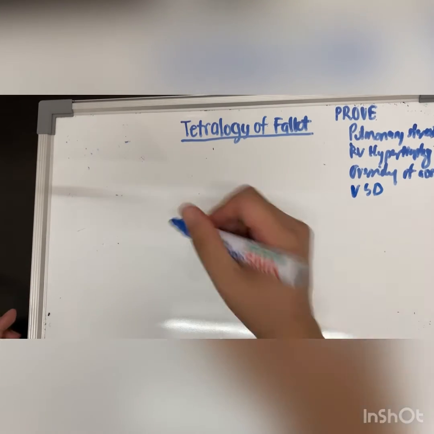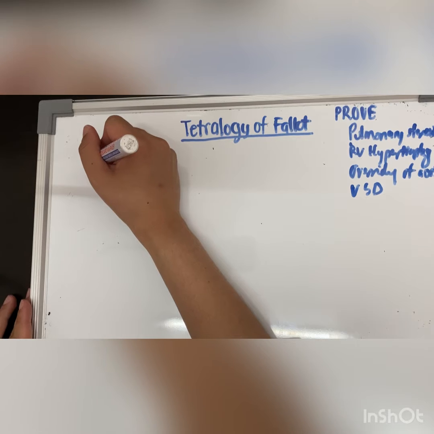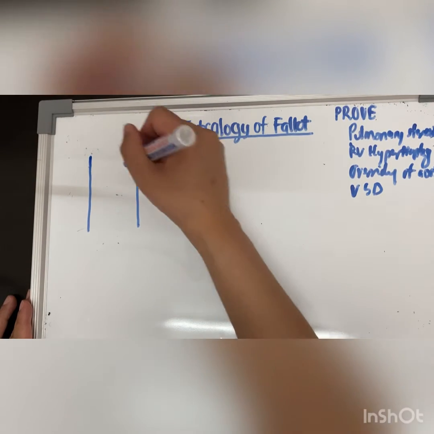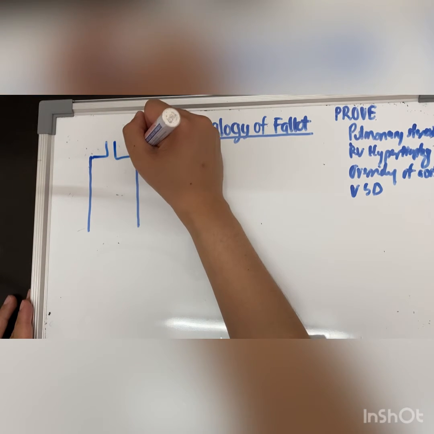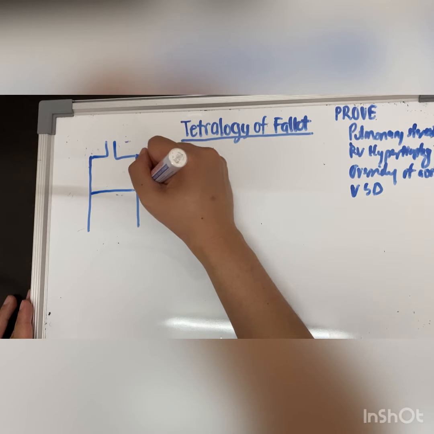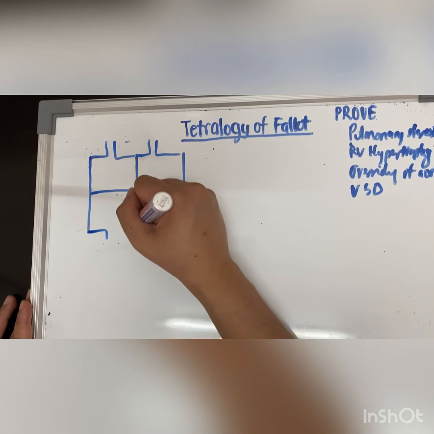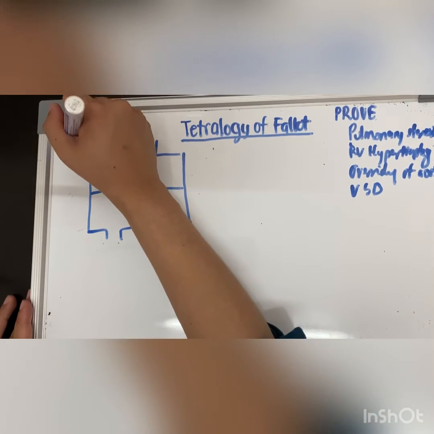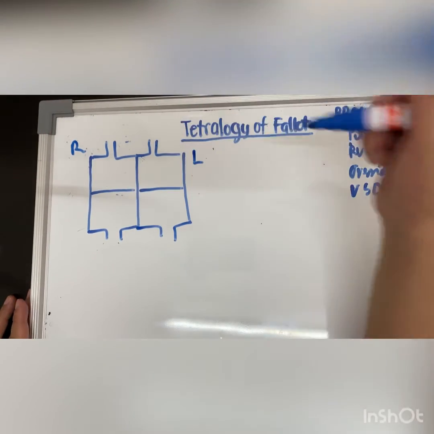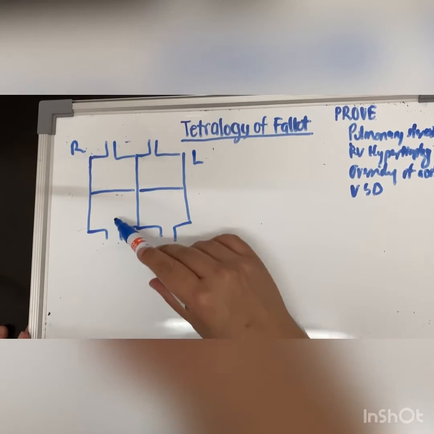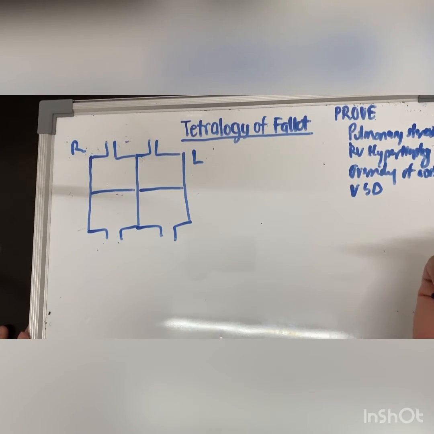So visually, how does the Tetralogy of Fallot look like? Okay, this is a normal heart view, the four chambers heart view. Right side and left side. So on the right side, right atrium, right ventricle, left atrium, and left ventricle.